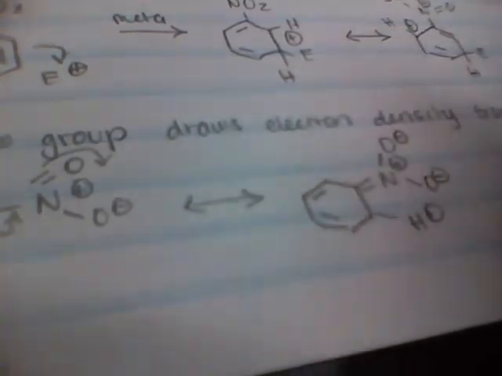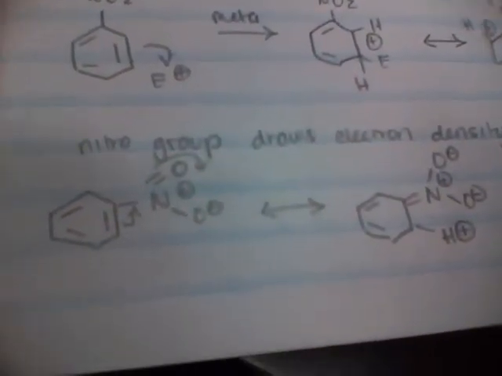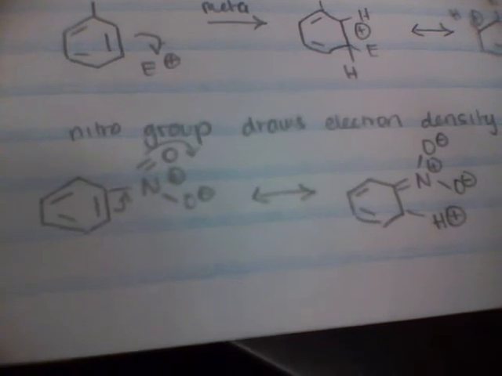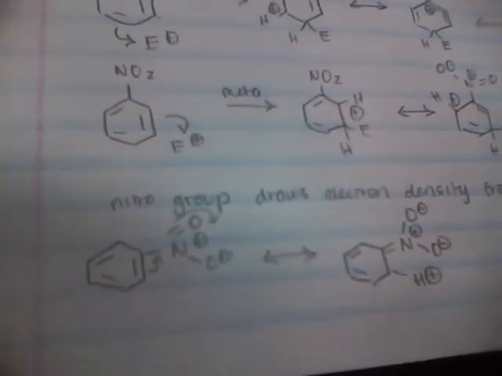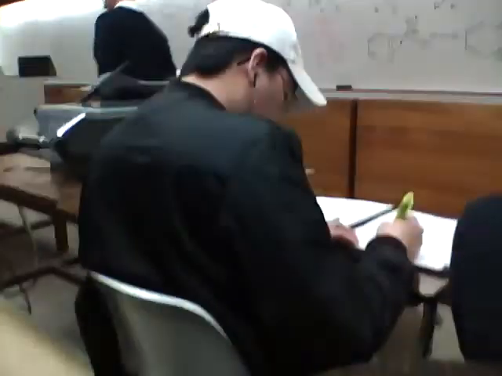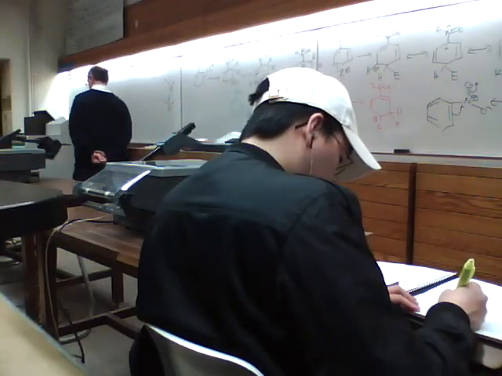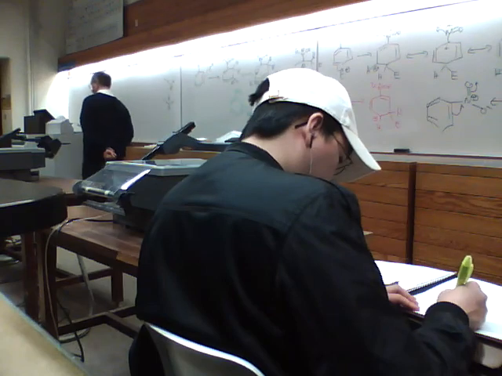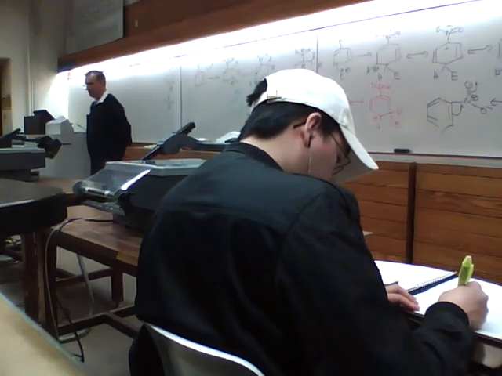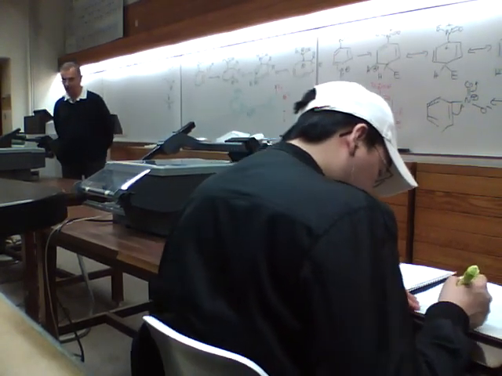So although all the positions on the benzene ring are deactivated, if the electrophile comes in the meta position, that's the least unfavorable. If it goes into the ortho position, it's more unfavorable, and if it goes into the para position, it's also more unfavorable. And so by default, the meta position is the one that is substituted.